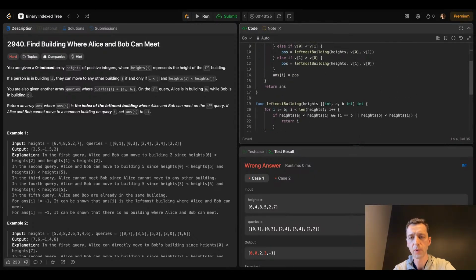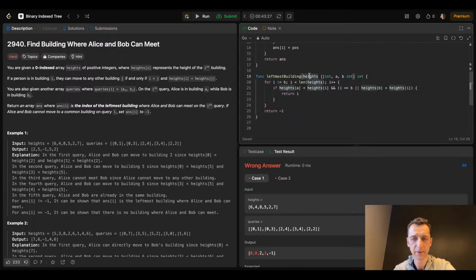Oh, wait a second, heights, yeah, sorry, we need to go until the end of all the heights, check out all the heights left, including the B, and if A can move into that building, and either the building already is B, or B can move into that building, smaller.